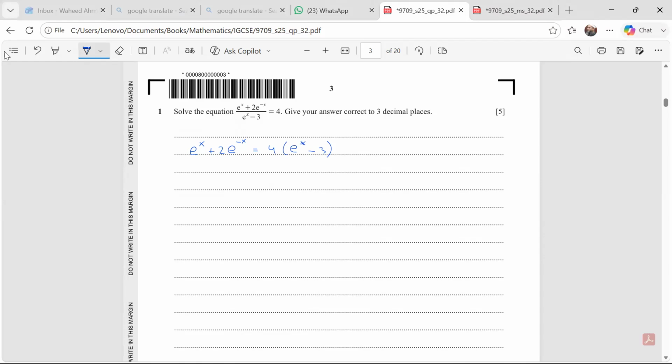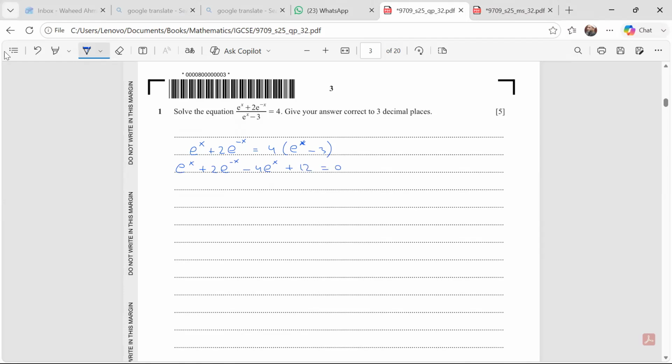Okay, so it is e to the power x plus 2e to the power minus x equals 4e to the power x minus 12. It will become minus 4e to the power x if I bring it to the left side. Similarly, minus 12 will become plus 12, equal to 0.